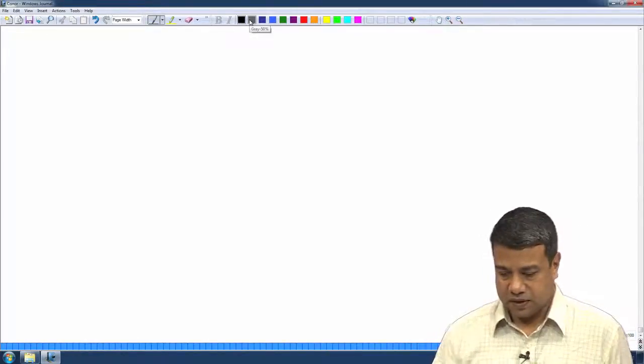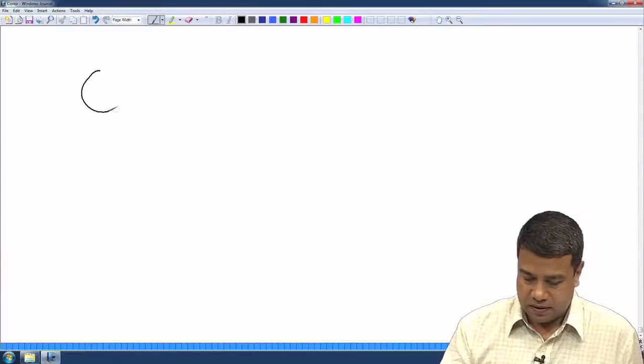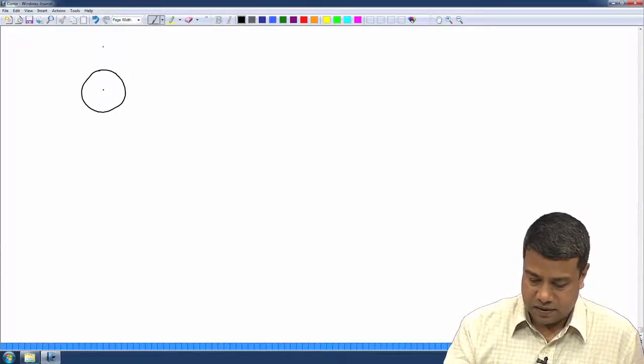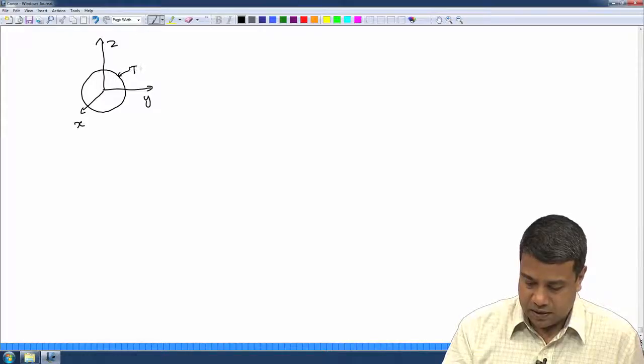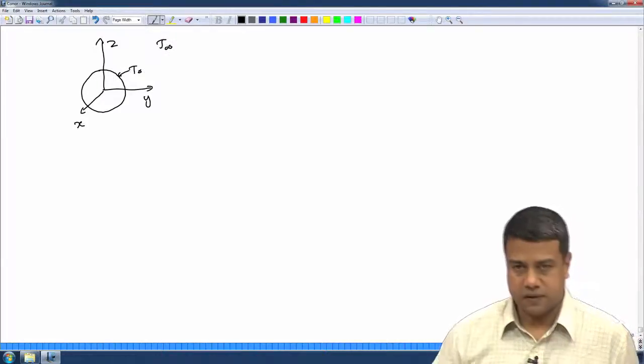If you recall, we had solved this temperature field around a spherical particle, with temperature T naught at the surface and T infinity far away.